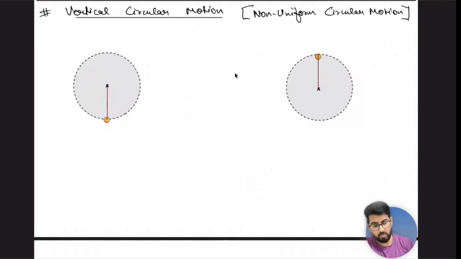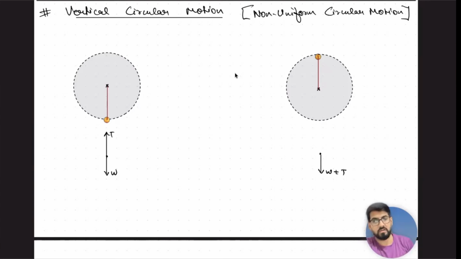Okay, so at the bottommost point, if I need to draw, I can simply say that weight is acting downward and tension is acting upward, but tension will be greater here because it is moving in a circular motion. And for the topmost point, I can simply say weight is acting downward as well as tension is acting downward.